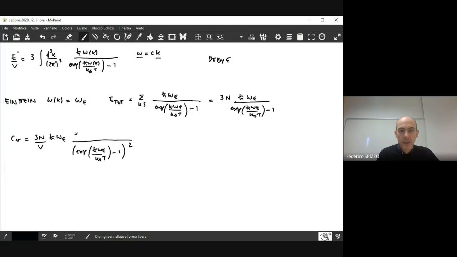Then we have the exponential, then the derivative of what is within the exponential. So we have h bar omega e divided by kB and 1 divided by T squared.